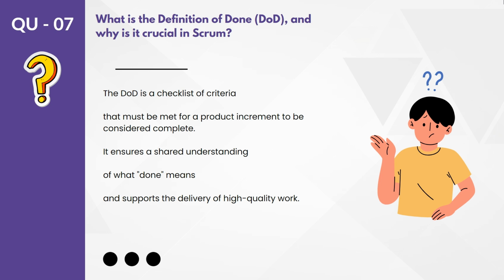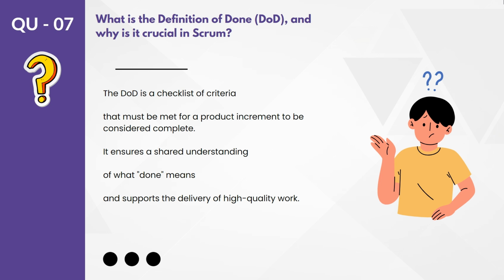And then what is the overall objective of definition of done? It supports the delivery of high quality work, because when we define the definition of done and the checklist items, we ensure that once those checklist items are met, the quality is also at par for the delivery.